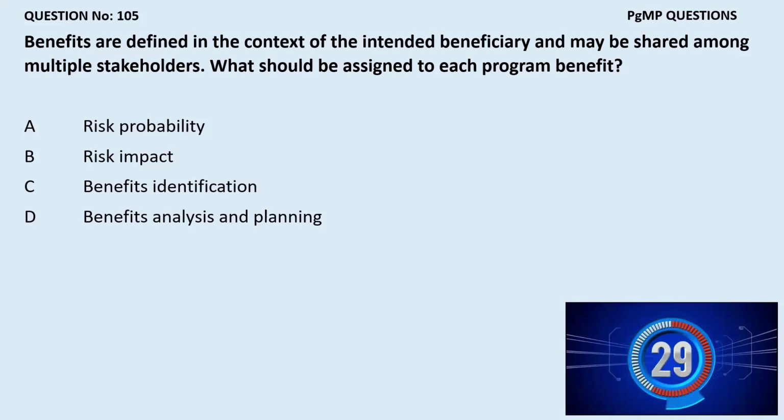What should be assigned to each program benefit? It's not asking what should you do. What should be assigned to each program benefit? I have benefit 1, 2, 3, 4, 5. What should I assign?